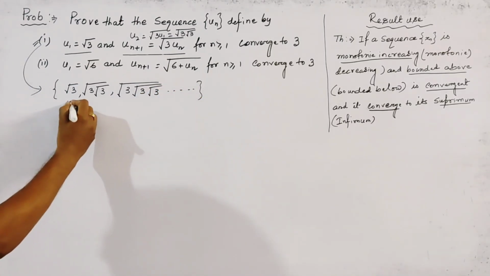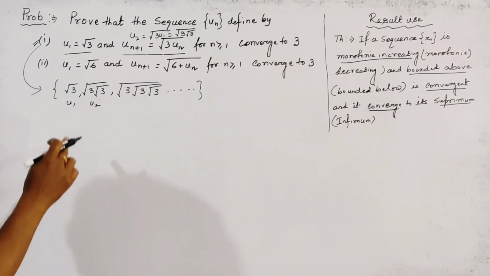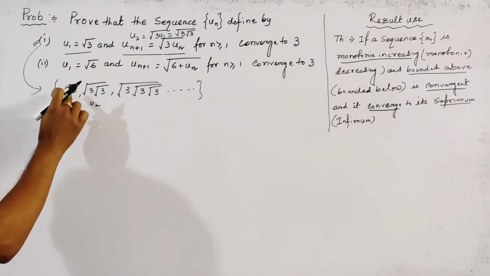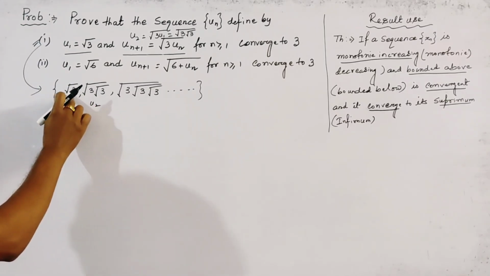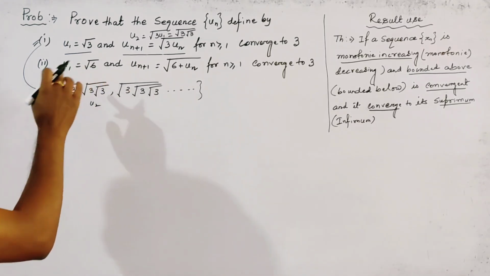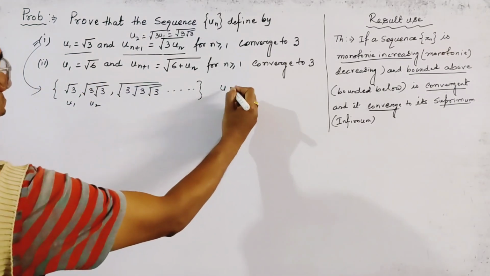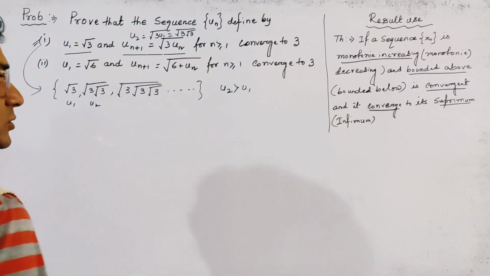Clearly this is u1, this is u2, and since u1 is root 3 and u2 is root 3 times root 3 whole root, clearly u2 is greater than u1.